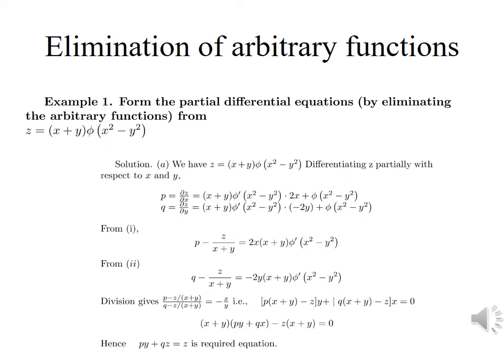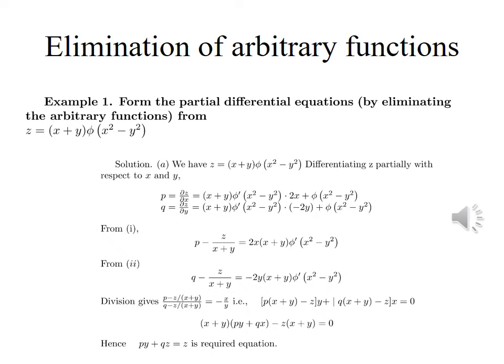Now let us move to the second part, that is elimination of arbitrary functions. In the previous section we have seen how to remove arbitrary constants and form a partial differential equation. Here we'll form a partial differential equation by eliminating arbitrary functions.